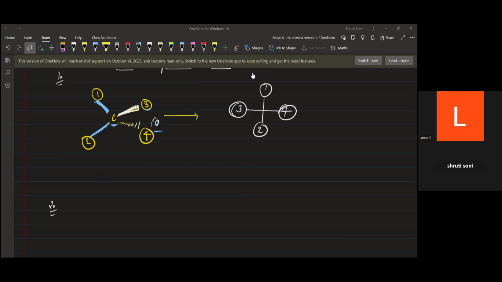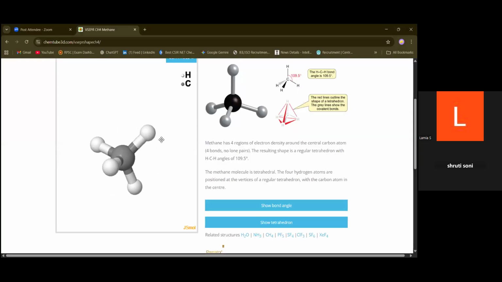Wait a second, I'll share my screen again. Okay. Is this visible to you? The 3D structure of methane. Okay.